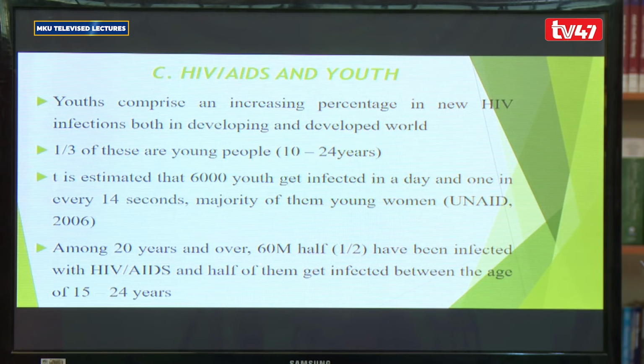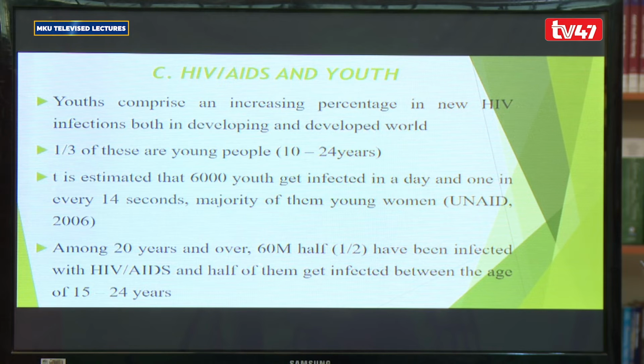Let's look at HIV and youth. What is this HIV and youth? Youth comprise an increasing percentage of new HIV infections, both in developing and developed countries, and many of these are young people between the ages of 10 to 24 years.